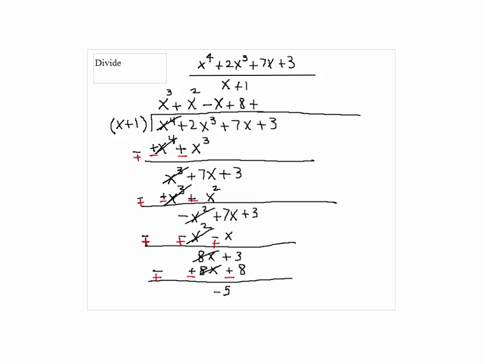To find the remainder, we change subtraction to addition, and we change the sign of the second column to its opposite sign, and this time the remainder would be equal to minus 5.